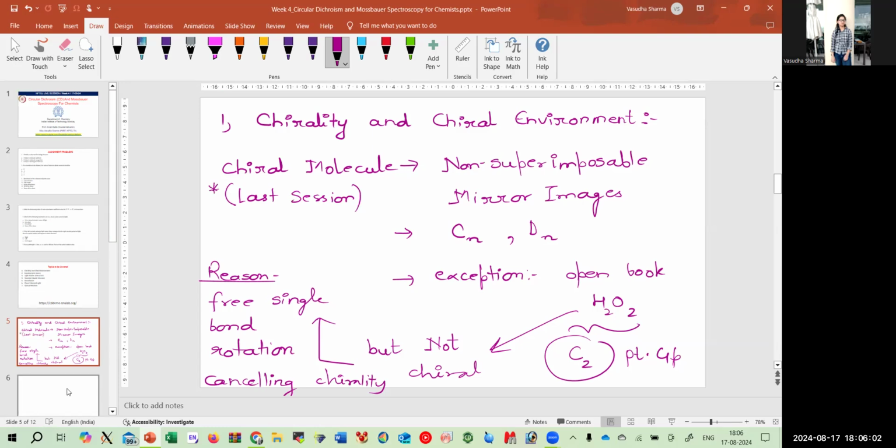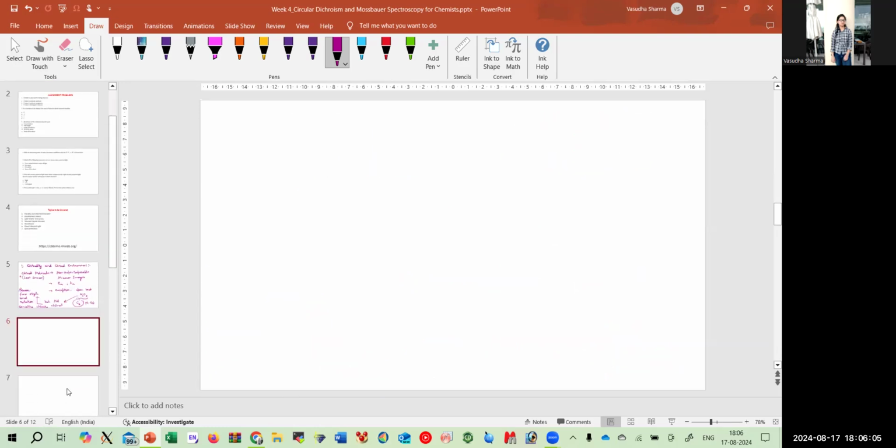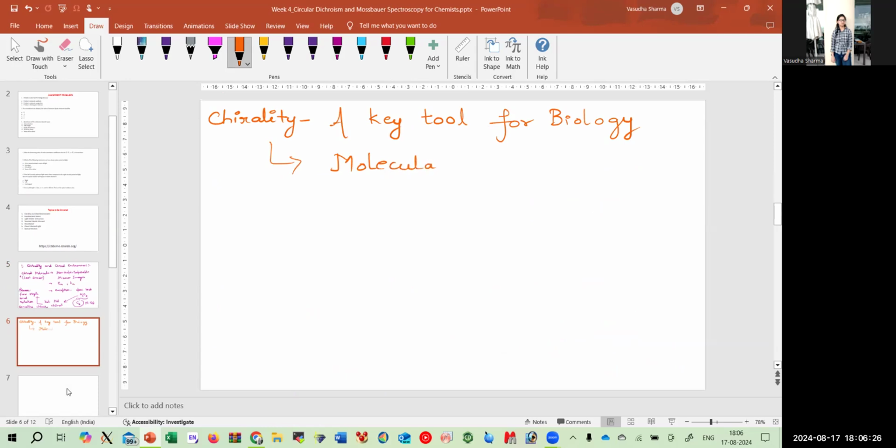What we are basically trying to do today is, chirality is a key tool for biological systems. Why is it so? Because it helps in molecular recognition. This is a very important concept and it works on the lock and key mechanism, which we have already discussed earlier.